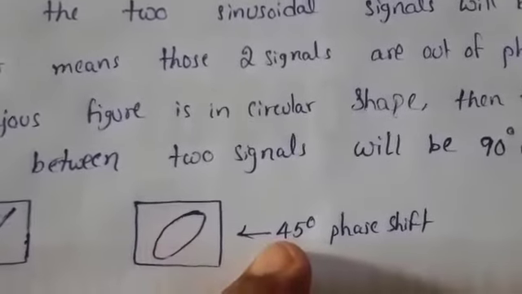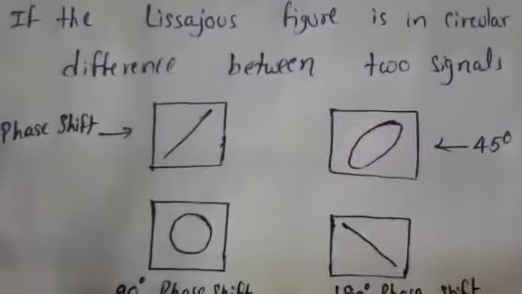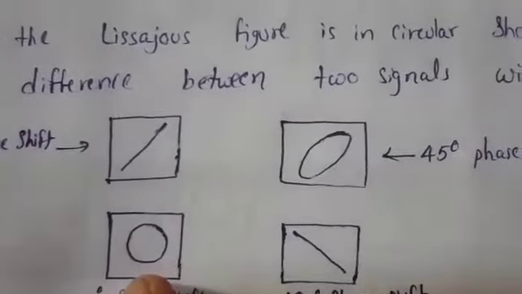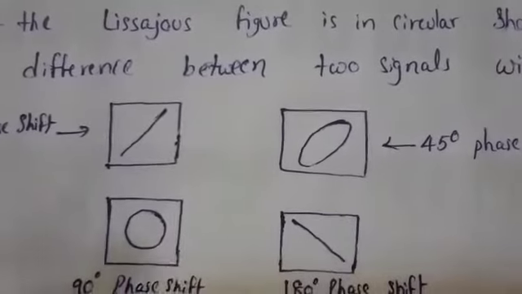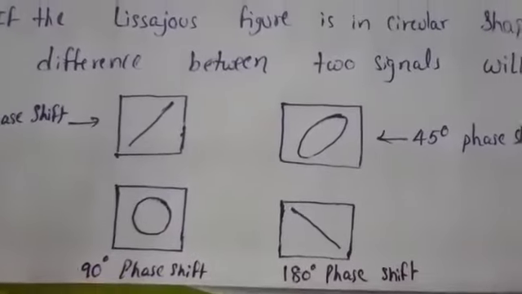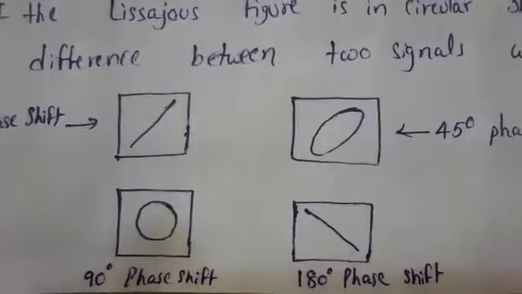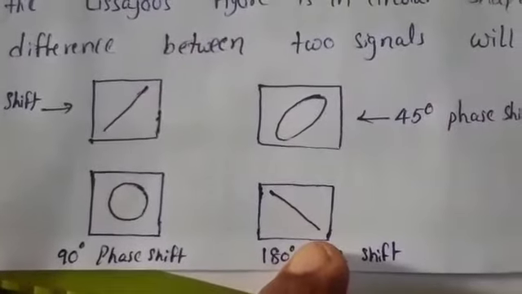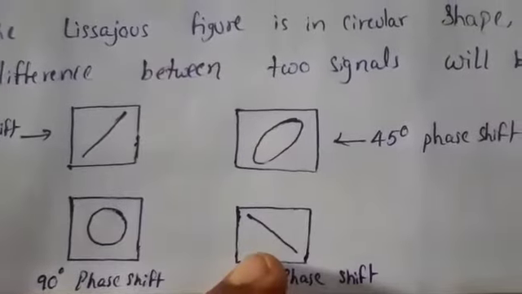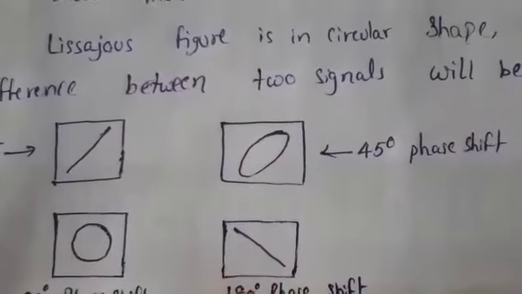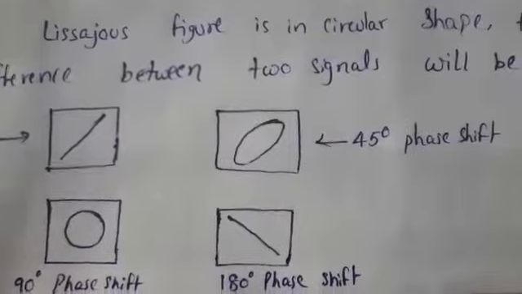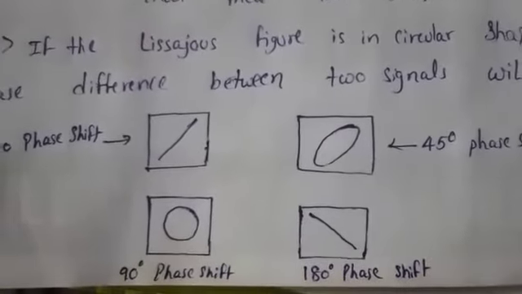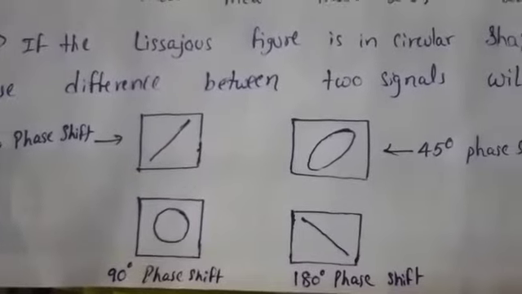Next, the third one, if the Lissajous figure is in circular shape, then the phase difference is 90 degrees or 270 degrees. And this one is the straight line. If the Lissajous figure is in this shape, the phase shift is 180 degrees. So these are the examples of Lissajous figures.